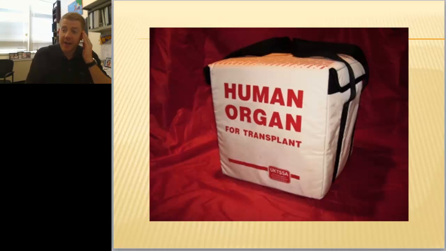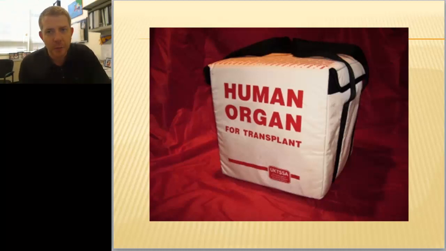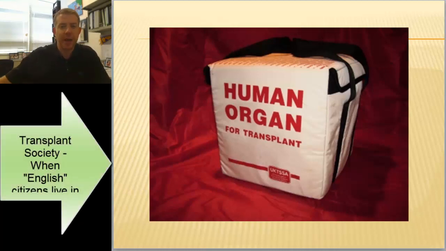So what you're looking at here is an image of a cooler that's used to transplant human organs, right? You go from one hospital, you harvest the organs from somebody, and you bring them to another place where they can be used in somebody who needs them. The reason that I use this is this concept of transplant. So you have England having a transplant society.